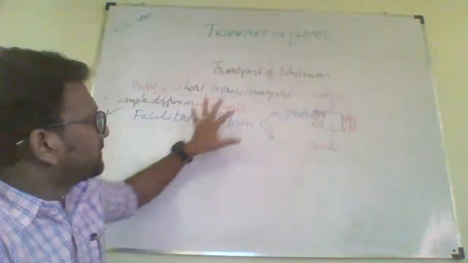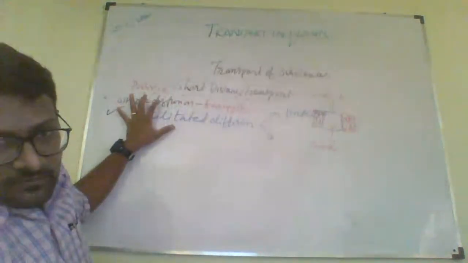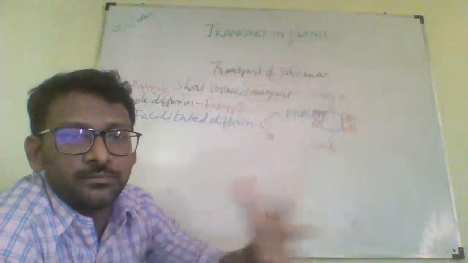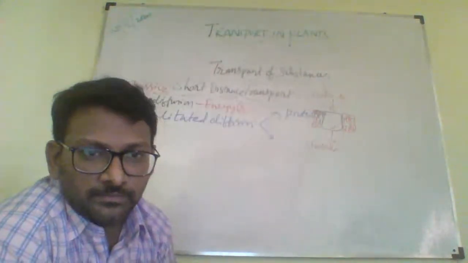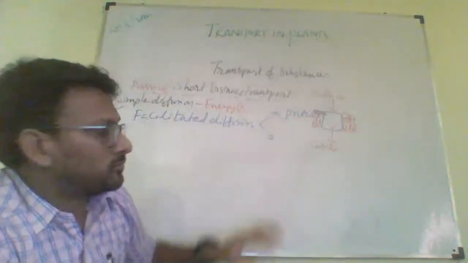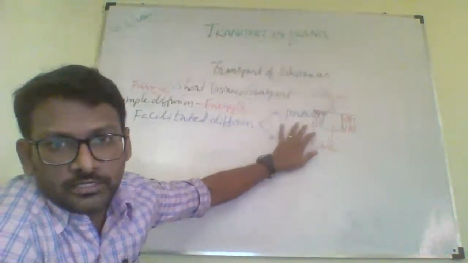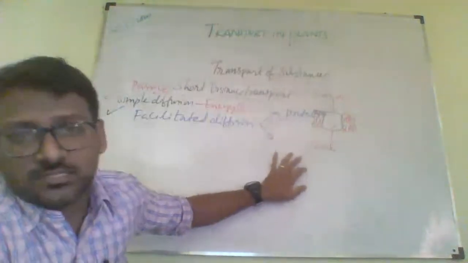Within passive transport we have simple diffusion, where molecules simply diffuse across the cell membrane and no energy is required. The second one is facilitated diffusion, which can be of two types, where one occurs through carrier proteins and the other through protein channels.